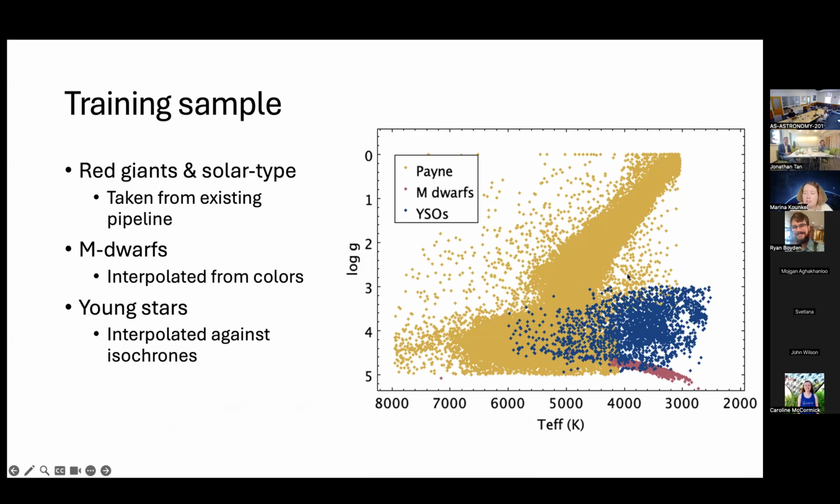And so to some degree, the pre-main sequence stars really all need to be there to give the model some awareness of this specific parameter space, but it will be able to learn much more effectively from the things that surround it. So by training a model on all of the sources simultaneously, we can create a self-consistent model to extract temperature and surface gravity for all stars, including the pre-main sequence stars, because it will be calibrated to more evolved stars that kind of surround them.